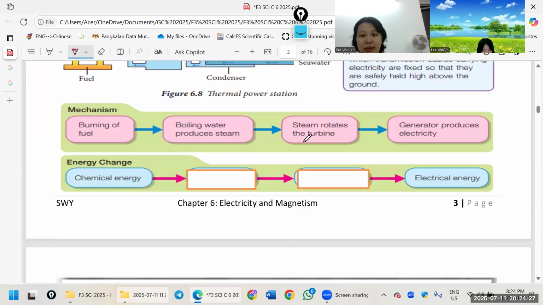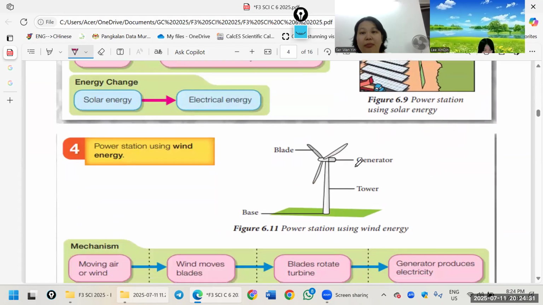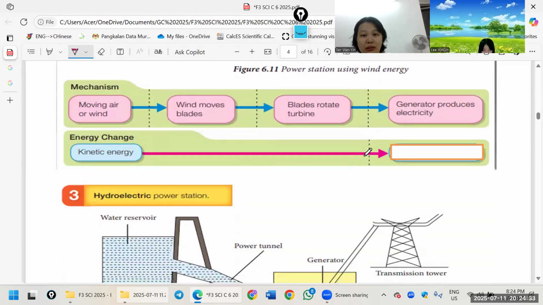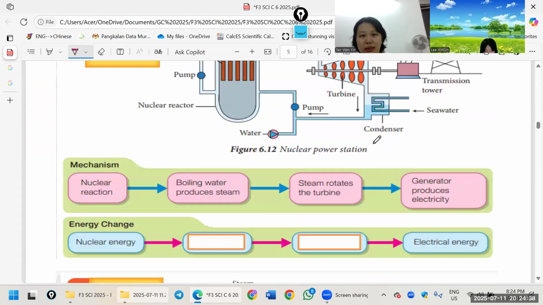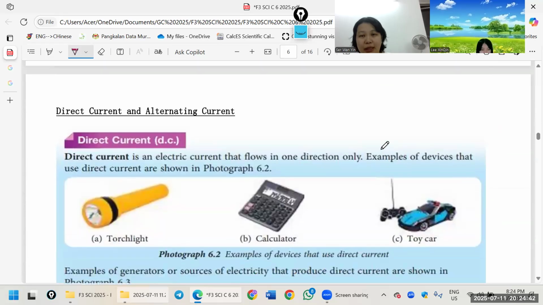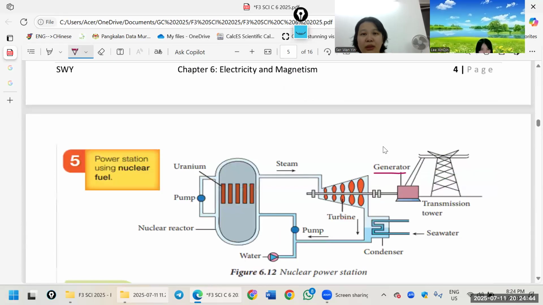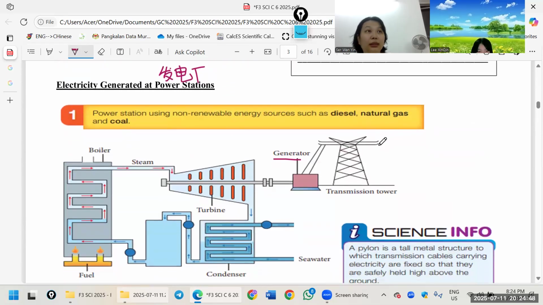So inside the generator got what? Got two main things.